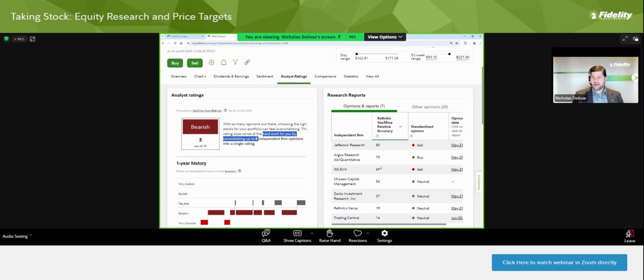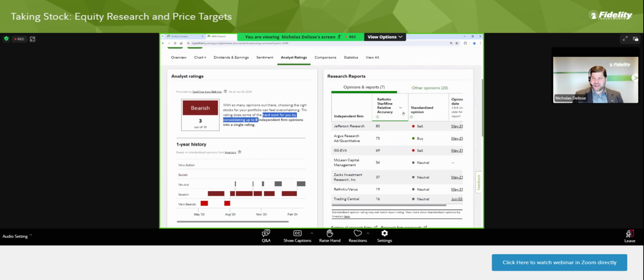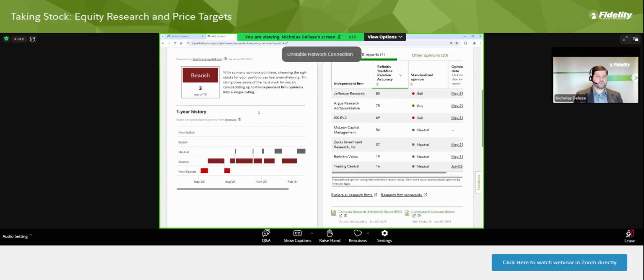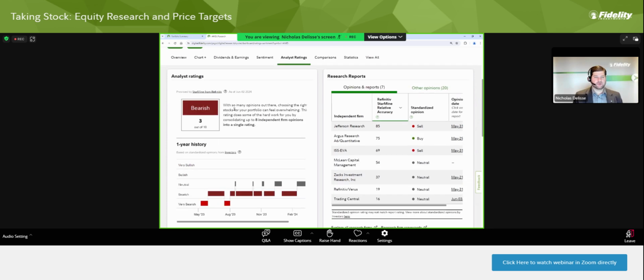Now, with that, it'll take all of these, and you then get a score on a 0.1 to 10 basis. So as opposed to being a buy, sell, hold, 1 to 5 stars, it's 0.1 to 10. It's a lot more granular.